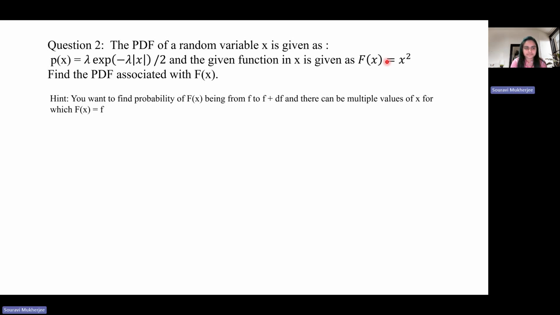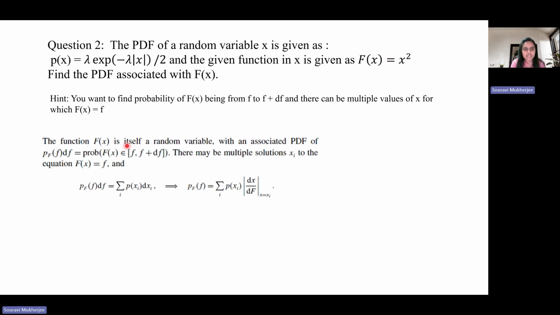So how to do this? Now your f(x) is itself a random variable. You want to find p_f(f) df, basically the probability of f(x) lying between f and f plus df. Now there can be multiple solutions x_i to the equation f(x) equal to f, all the possible solutions. For the example I gave, your x_i can be plus 3 or minus 3.